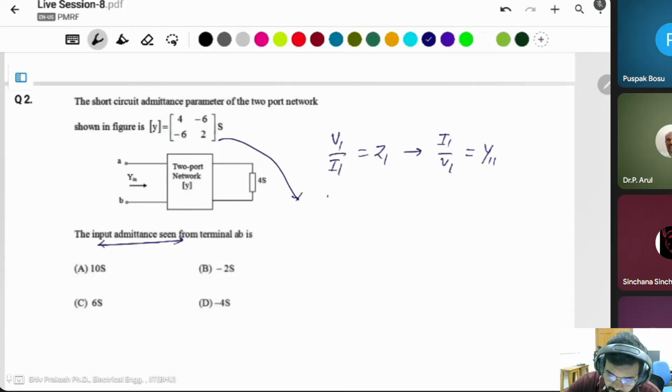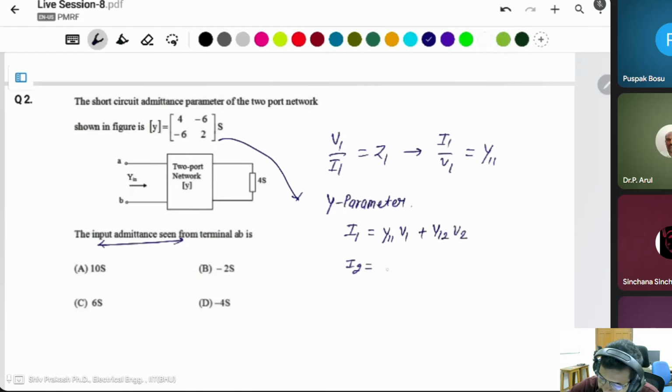Y parameter, you know about this one. These are the current equations, I1 and I2 in terms of V1 and V2. So I1 is Y11 V1 plus Y12 V2, and I2 is Y21 V1 plus Y22 V2.